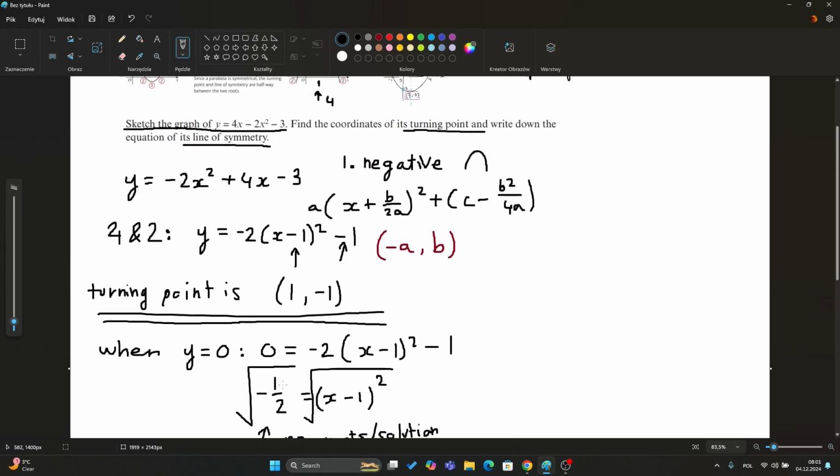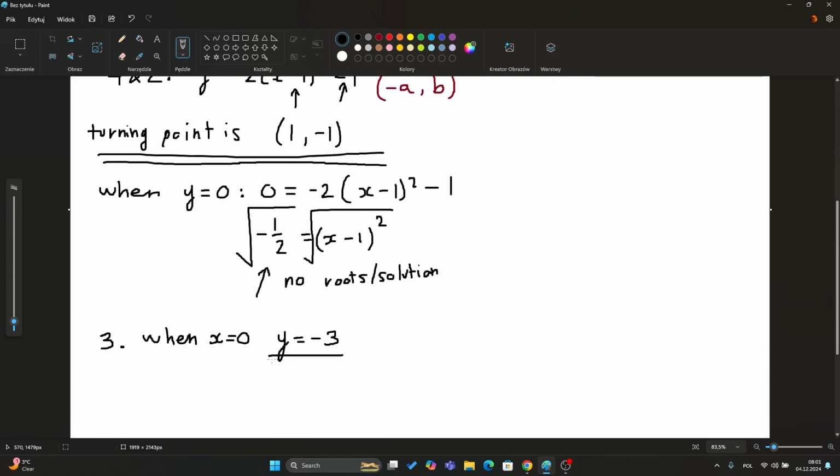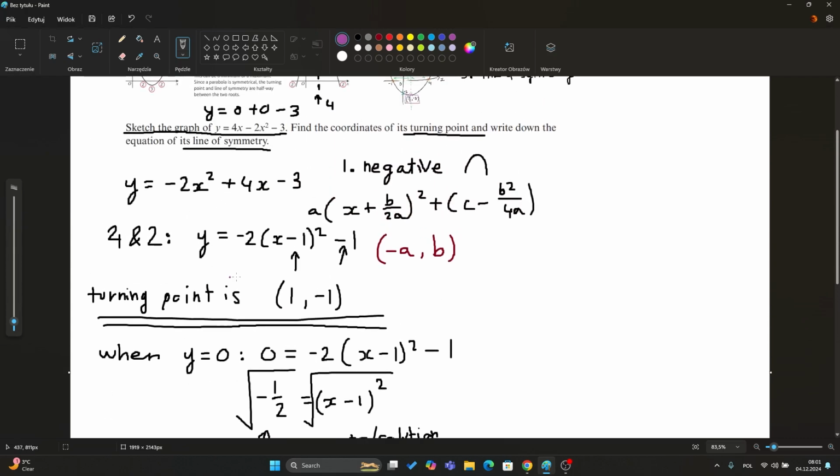And I've done it so fast because if we make this x a 0, this will be 0, this will be 0, and adding them all together will give us -3 for the y. So y equals -3. So 0, -3 is the y-intercept.